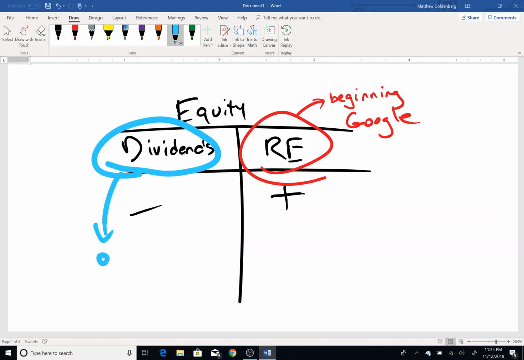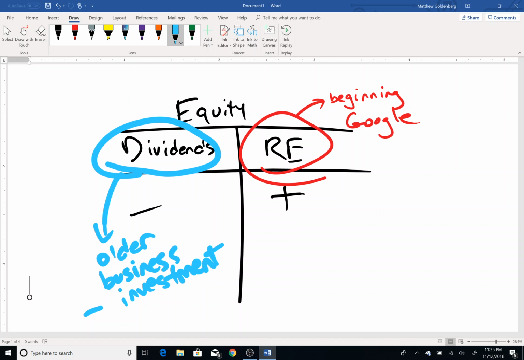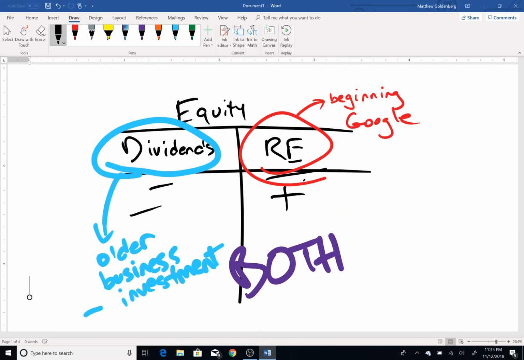This is an older business who wants to stimulate investment. And you can do both. But the idea is in the statement of stockholders' equity, you can either do this one, or you can do this one, or you can do both, and the company gets to choose.